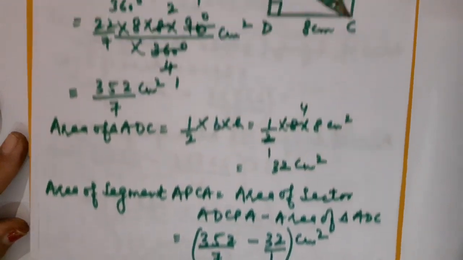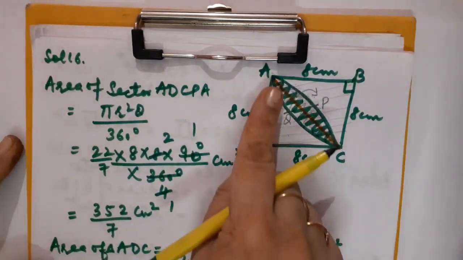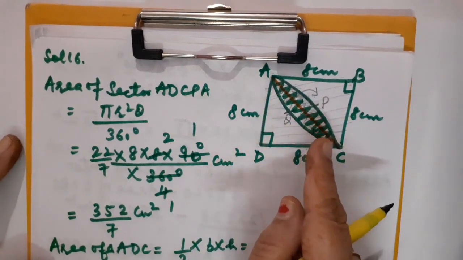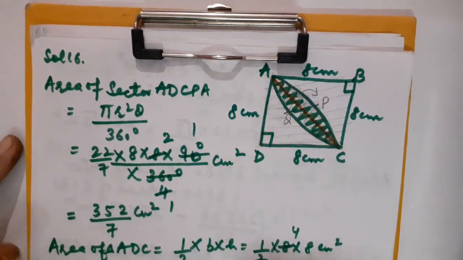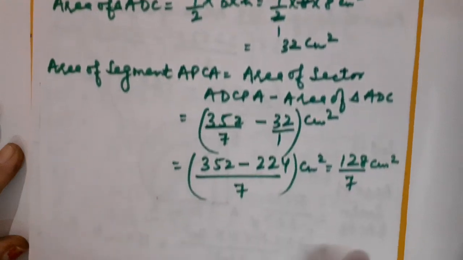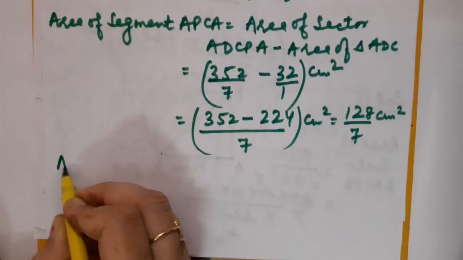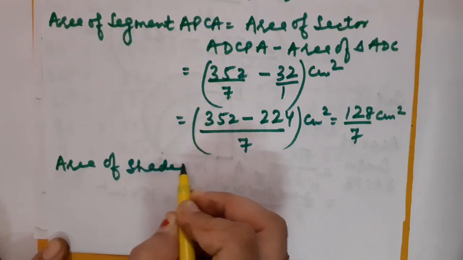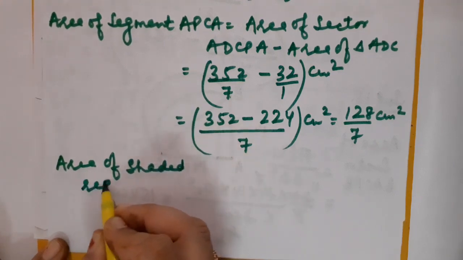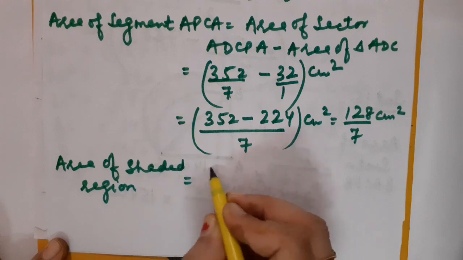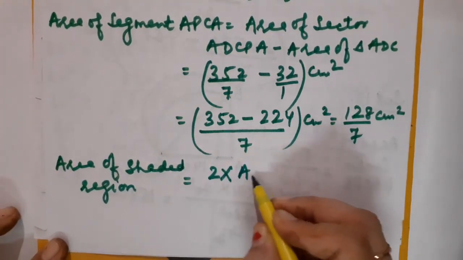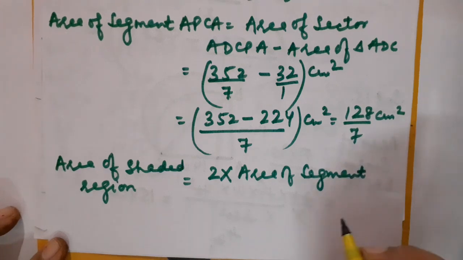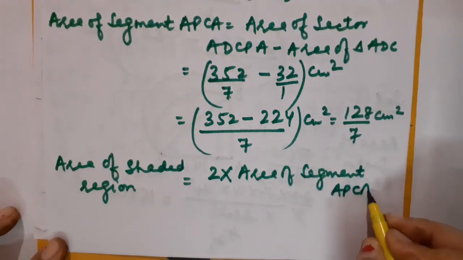Now you are not supposed to apply the same strategy again for AQCA. You can just make it double because you have calculated the area of the half segment. So what will you write? Area of the shaded region, you can write the area of design also, that depends on you, is equal to 2 into area of segment APCA.